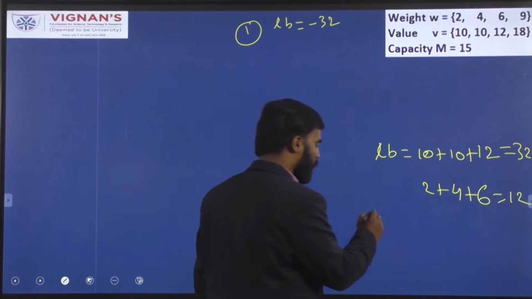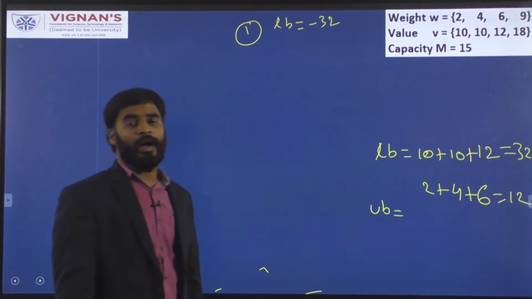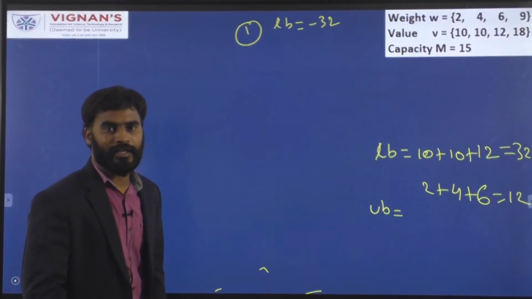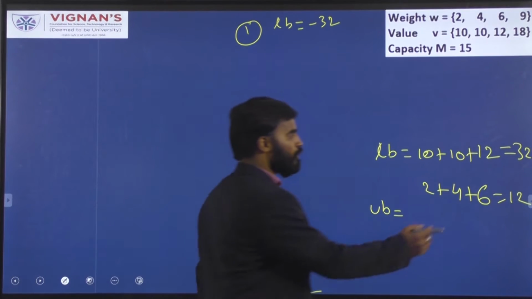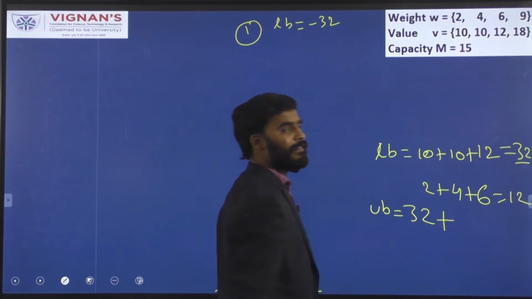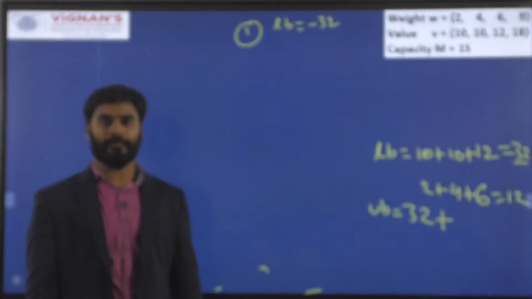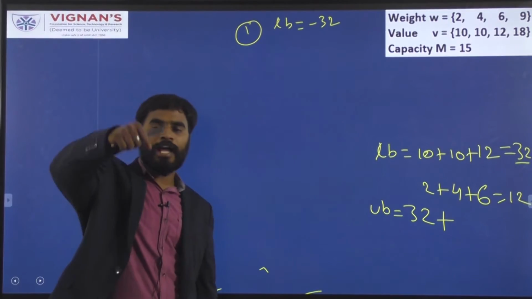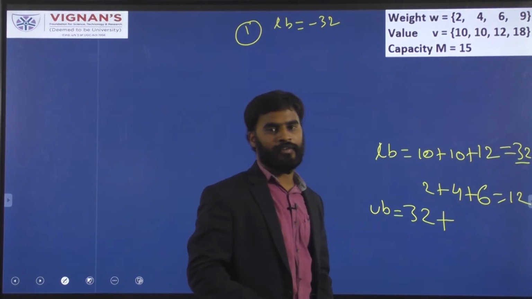Now let's calculate the upper bound. The upper bound is the value of the current selection plus the remaining weight into the profit of the next available item. The capacity of the knapsack is 15. I added 12 kgs of items.